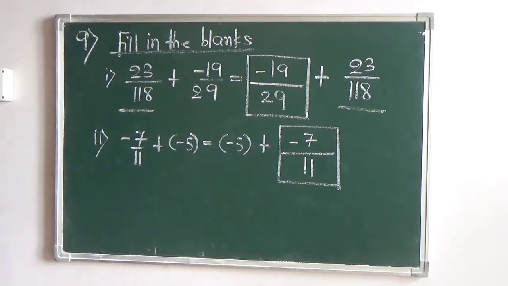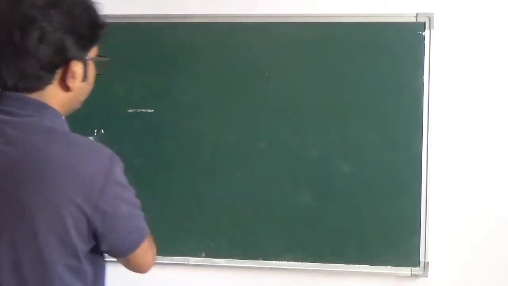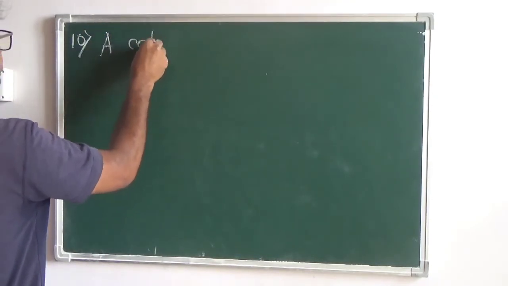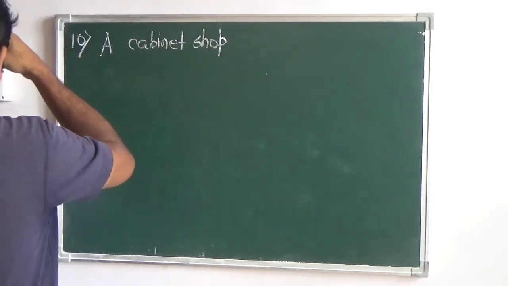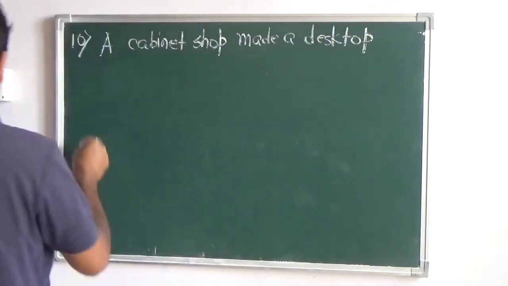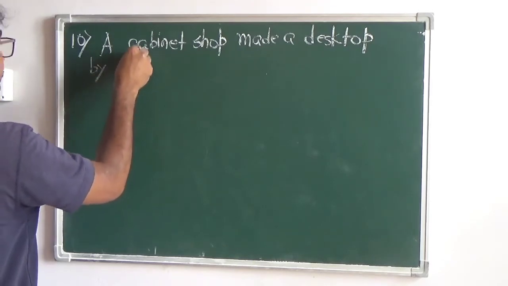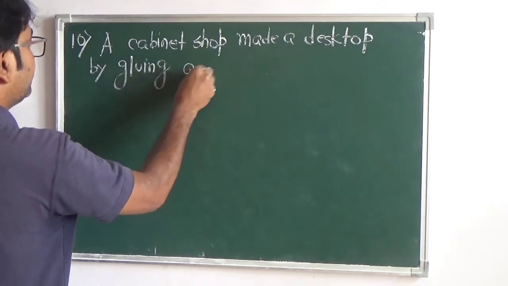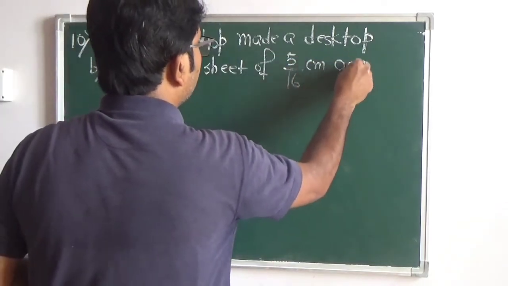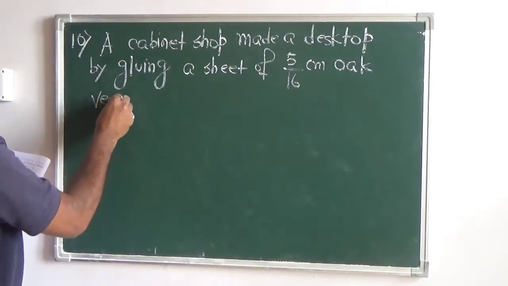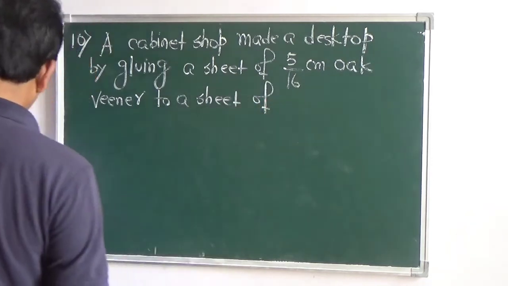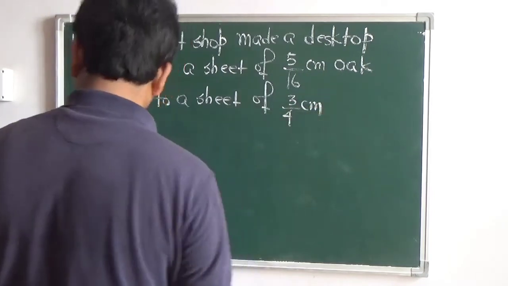Moving on to question number 10. A cabinet shop made a desktop by gluing a sheet of 5 by 16 centimeter oak veneer to a seat of 3 by 4 centimeter plywood.